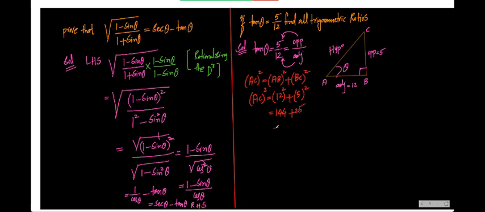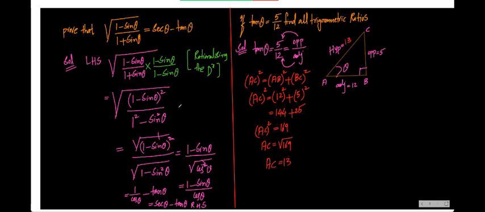Now add these two values, you will get 169. So AC square is equal to 169. Then the square will go to that side and becomes root. AC is equal to root of 169, which is equal to 13. So we got the hypotenuse as 13.